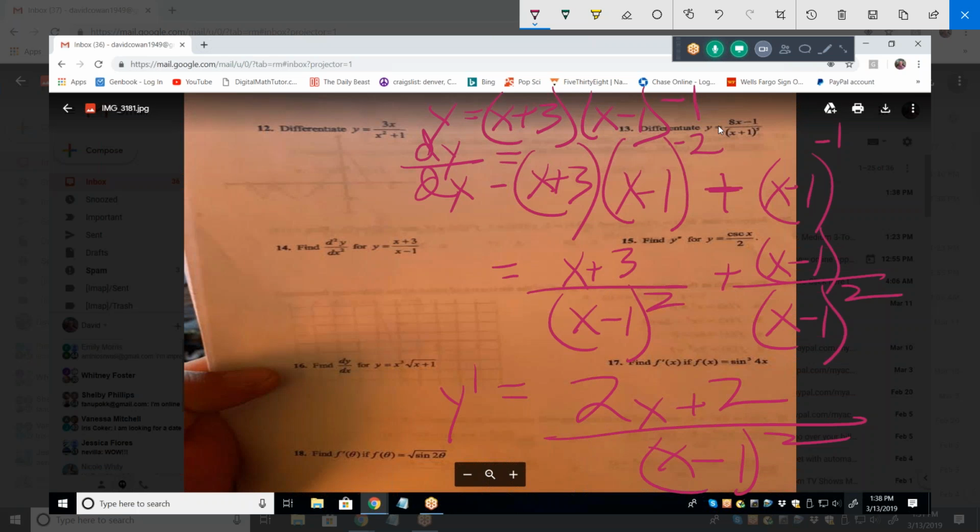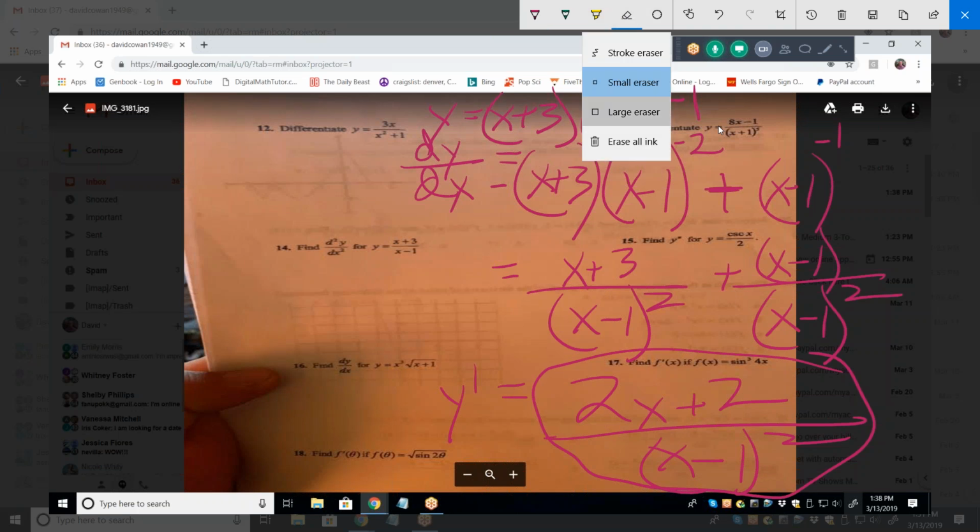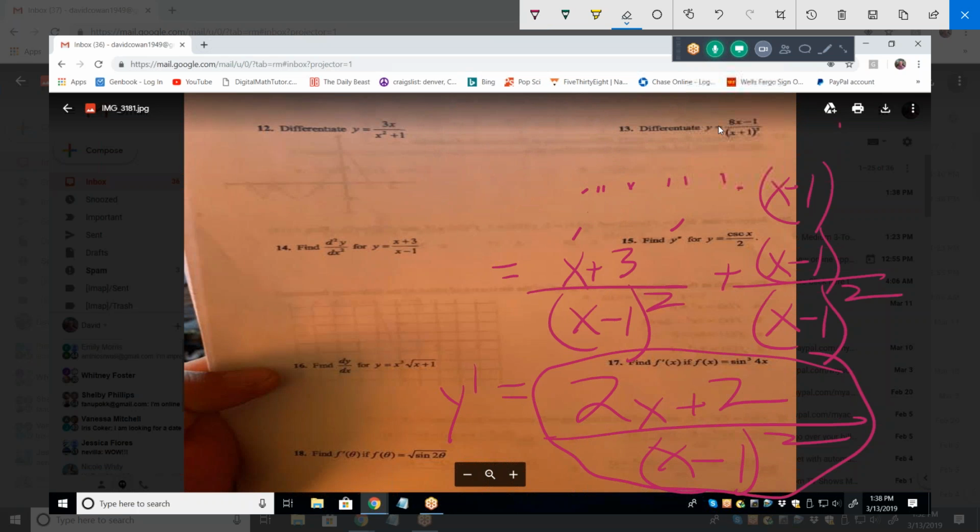Now, y double prime is taking the derivative of that. So we'll do product rule again. So then 2x plus 2 times. Hold on, let me erase some of this and let's do it. Start from the top.